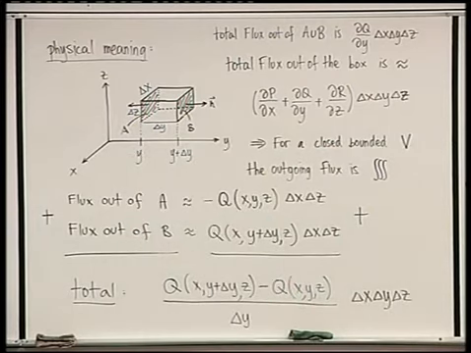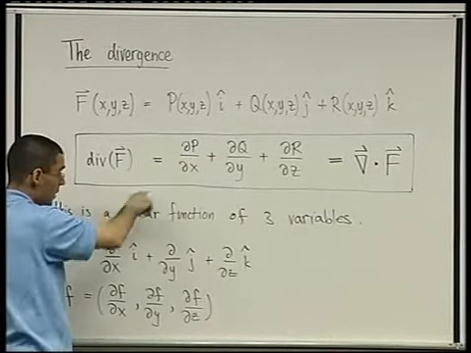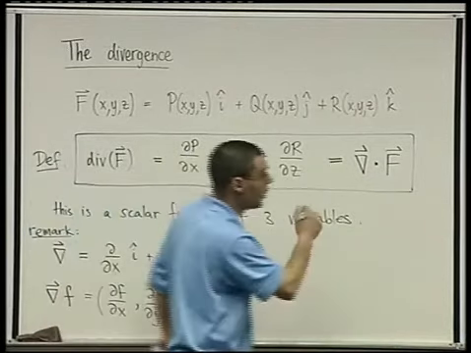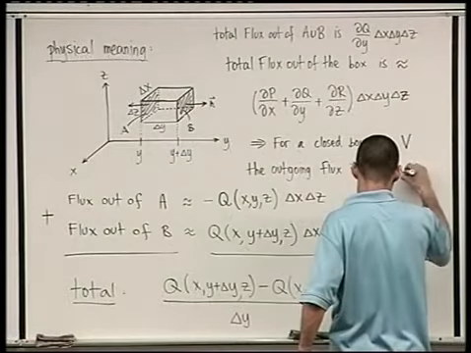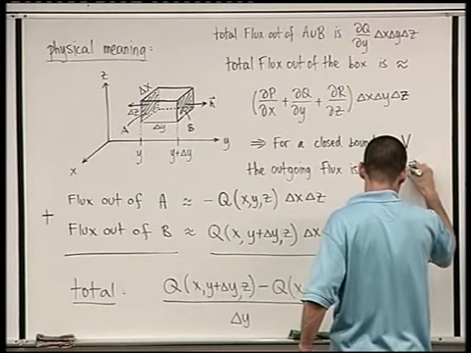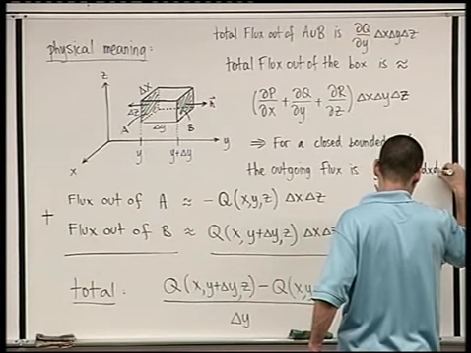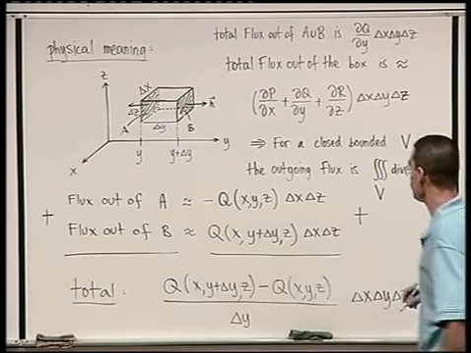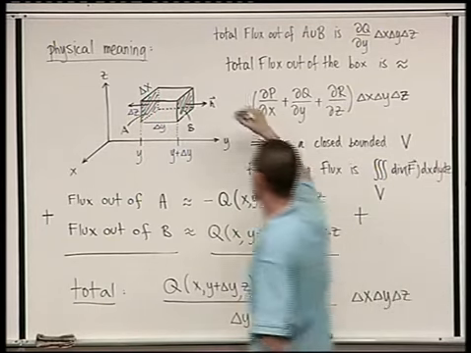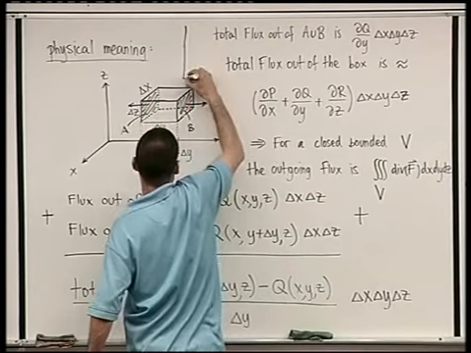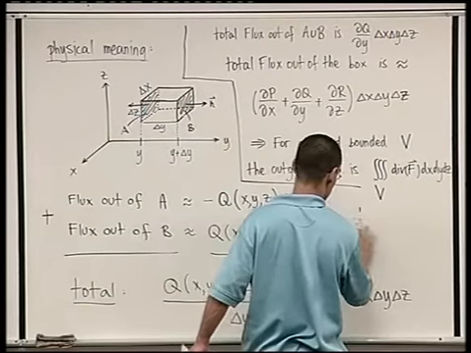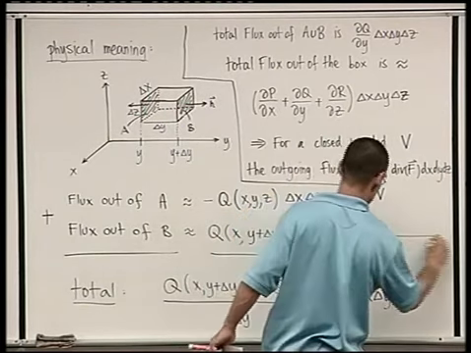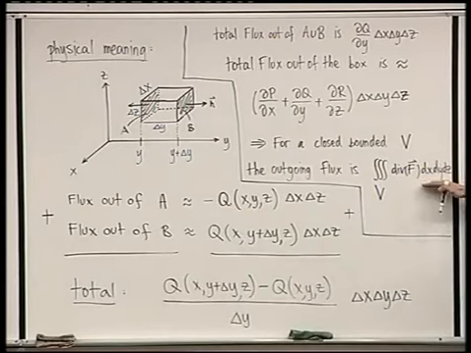Take a quick look at this board. That's how we defined the divergence of f, right? So it's the triple integral over the entire volume V of the divergence of f dx, dy, dz. Okay, so this is the bottom line.